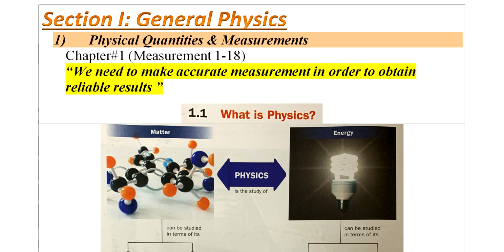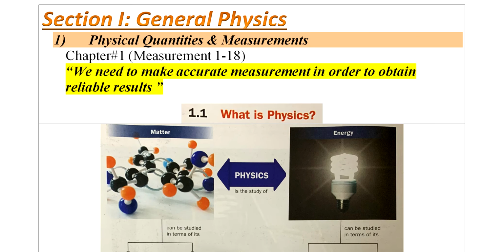Why? Because the software is going to make accurate measurement by using global positioning system, that is GPS. So we need to make accurate measurement in order to obtain reliable result.